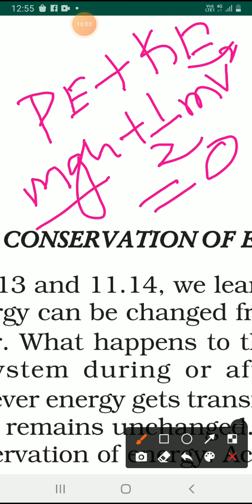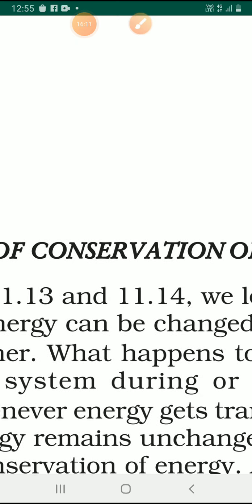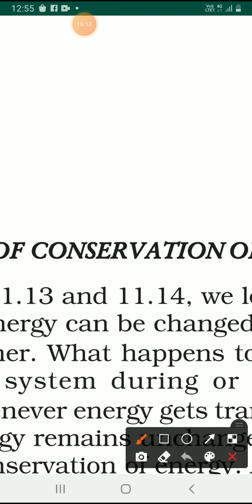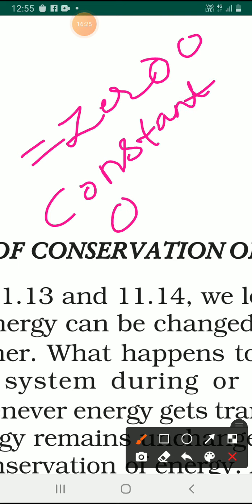This point is very important, children, remember that. If we add potential energy and kinetic energy together, the total stays constant, meaning one fixed value.